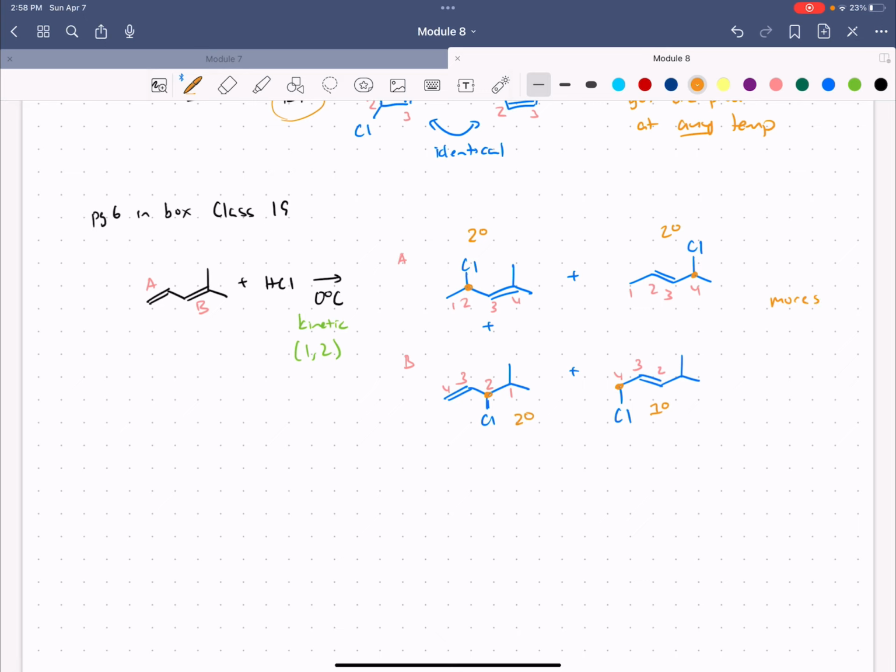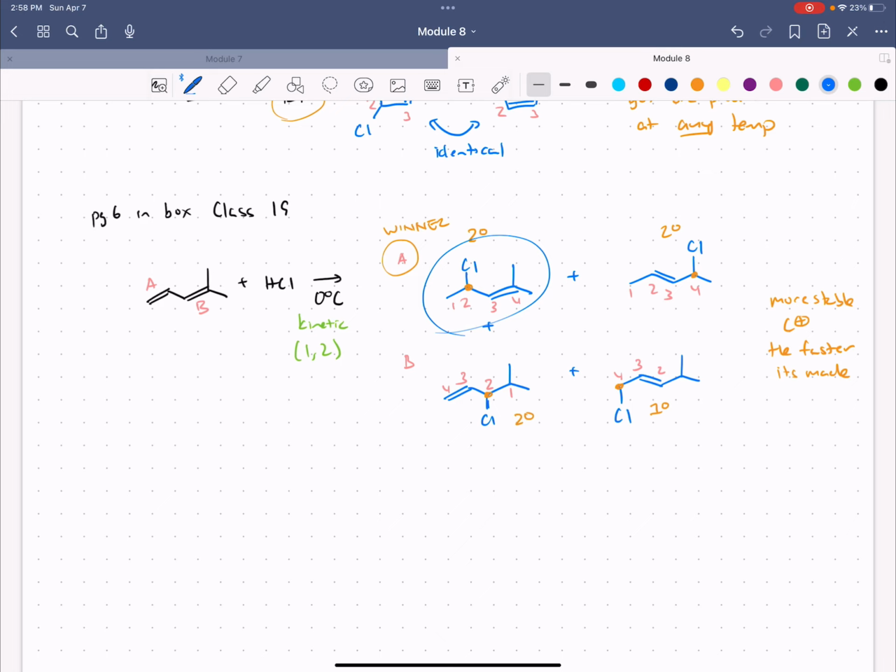The more stable this carbocation, the faster. And we want the faster, okay? Regardless of whether we want the kinetic or the thermodynamic, we want the faster it's made. Whichever double bond gives you the most stable carbocation, that's what we want. The faster it's made. Okay? And it's A. So A is the winner in terms of the double bond being used, and the kinetic of the winner is this one.